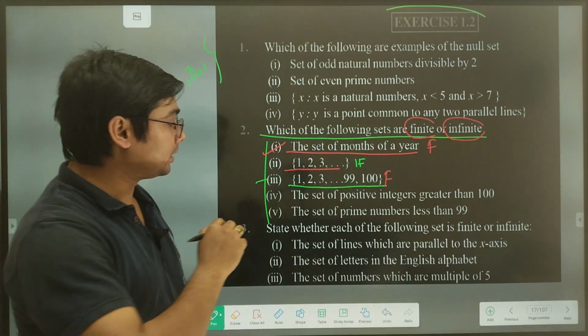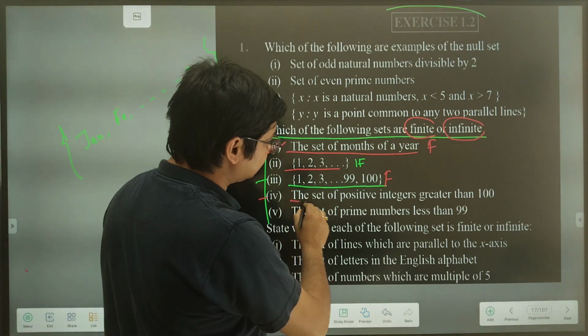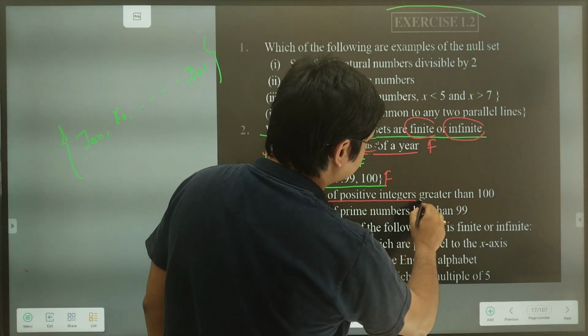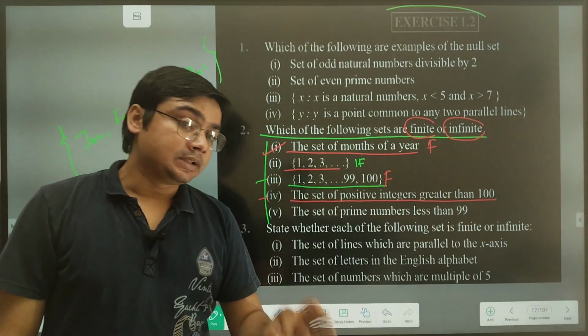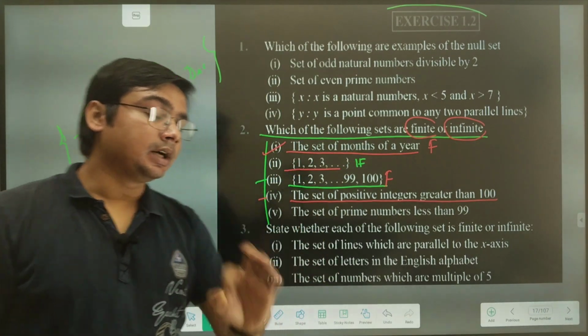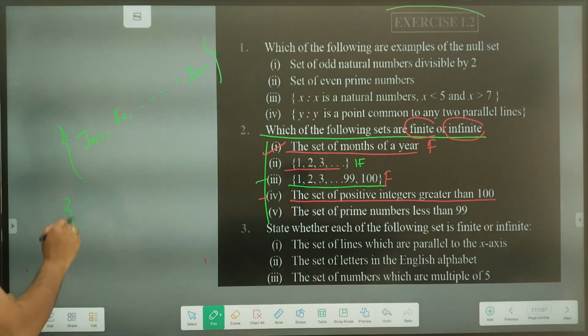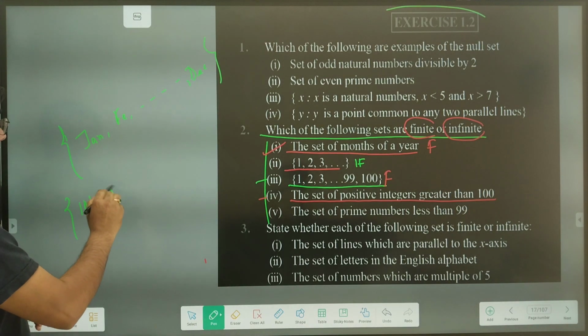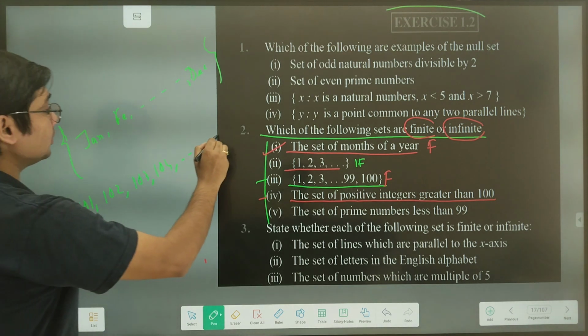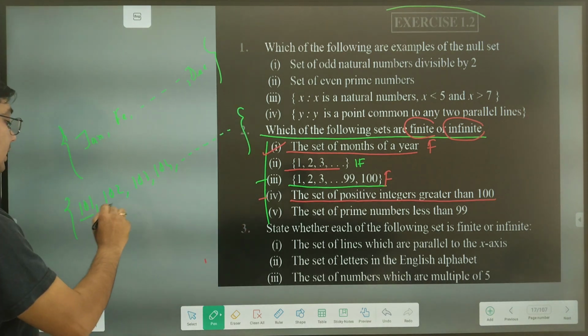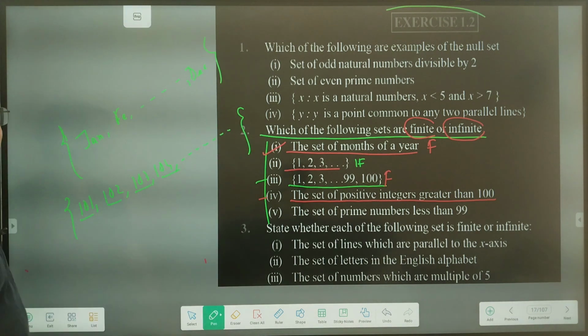Now come to the next question. The set of all positive integers greater than 100. That means 101, 102, 103, 104, and so on. All are positive integers greater than 100.